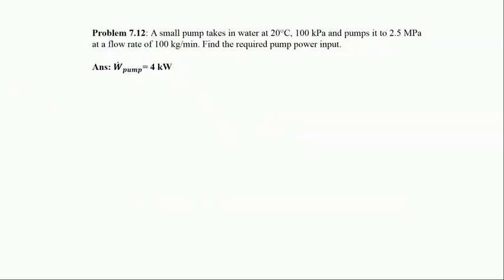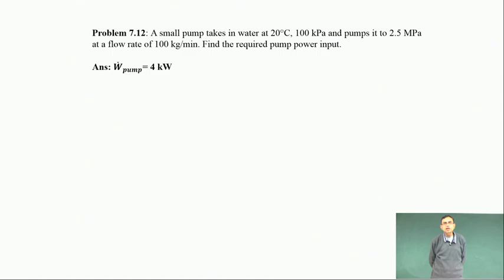Problem 7.12, this is a sort of review problem. A small pump takes in water at 20 degree centigrade 100 kilopascal and pumps it to 2.5 megapascal at a flow rate of 100 kg per minute. Find the pump power input. So, the key to this problem is that it is a small pump.